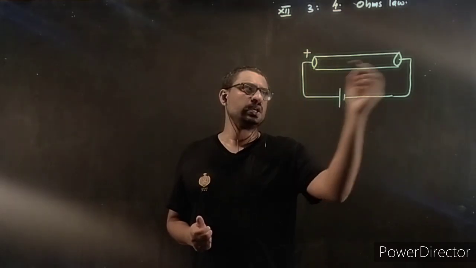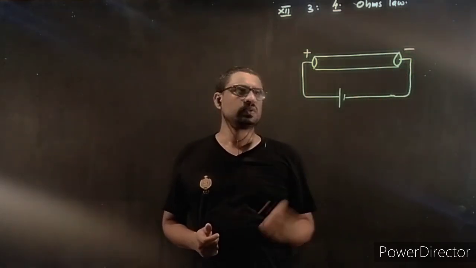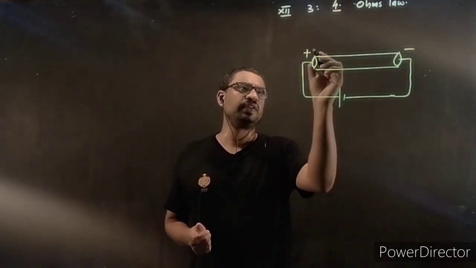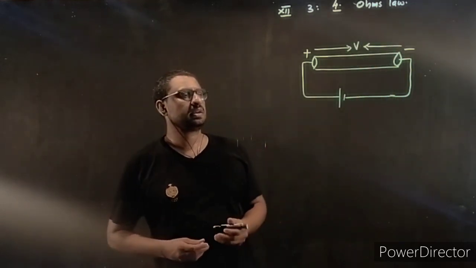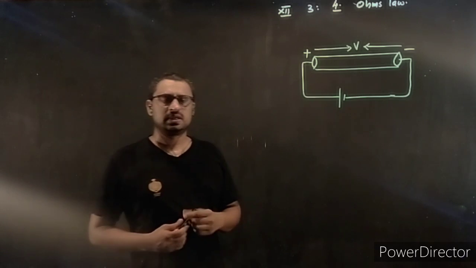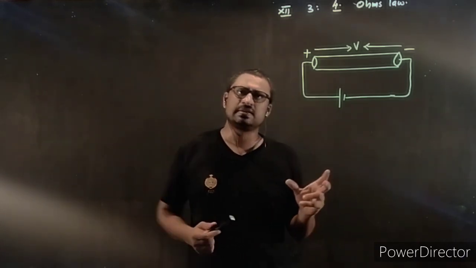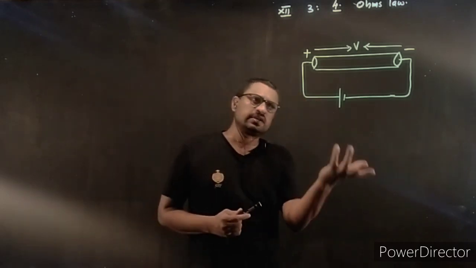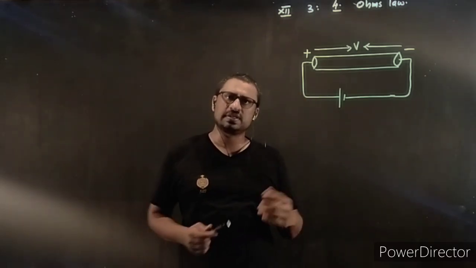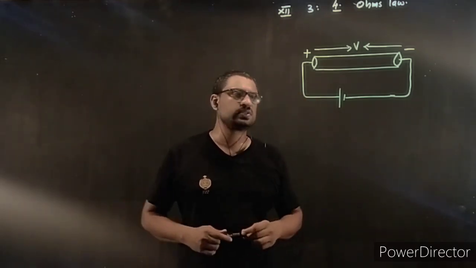So there is a high potential and a low potential, or we say there is a potential difference existing between the ends of the conductor. That potential difference is the reason for the electric field existing, and that electric field makes the electrons drift. That is what the current is.